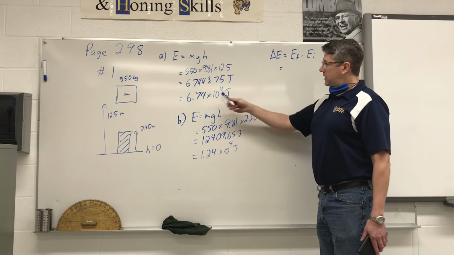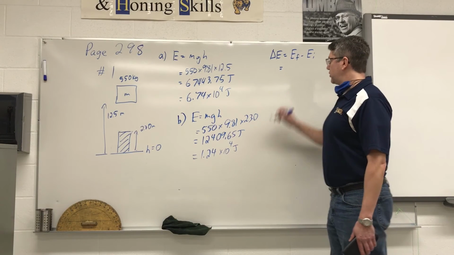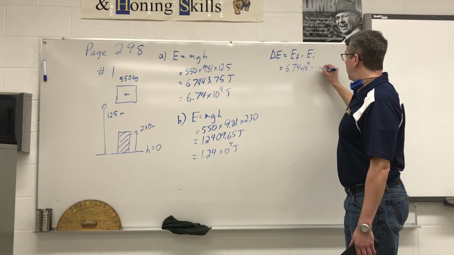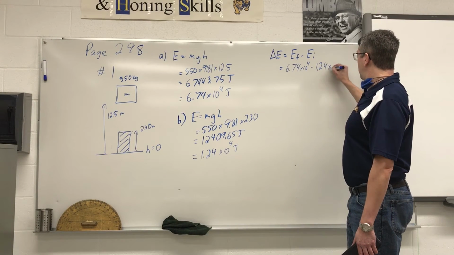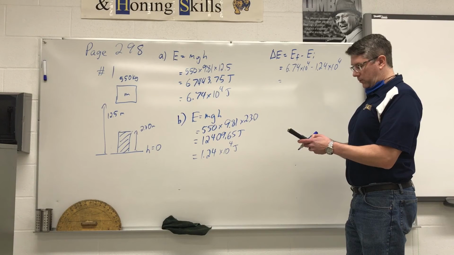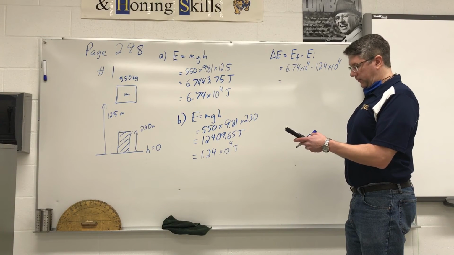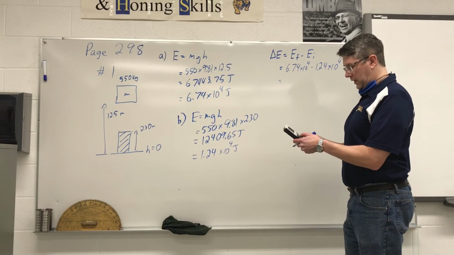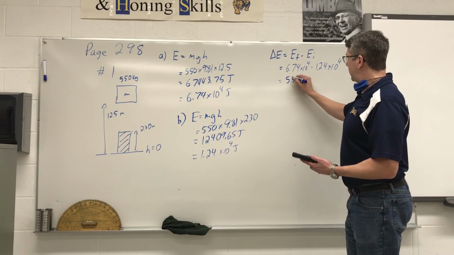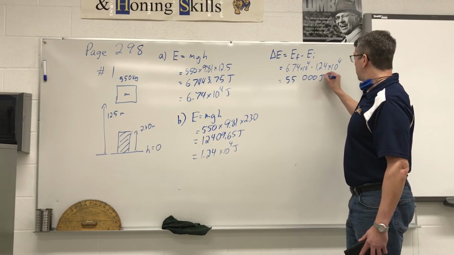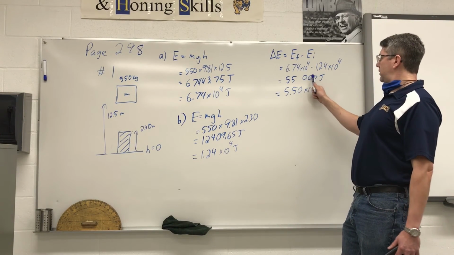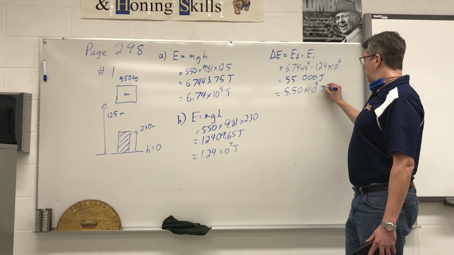So 6.74 times 10 to the power of 4 minus 1.24 times 10 to the power of 4 gives us a value of 55000 joules. So 5.50 times 10 to the power of 1, 2, 3, 4 joules of energy.